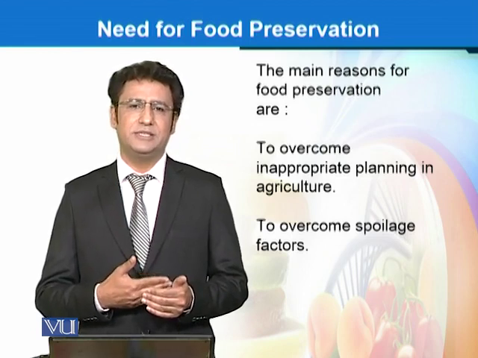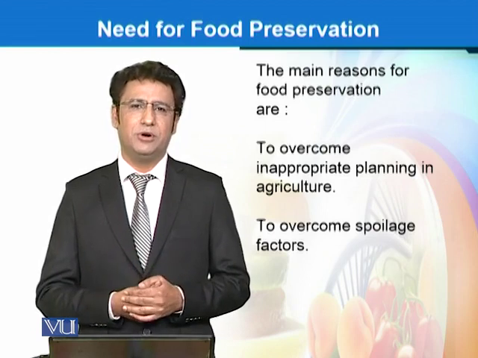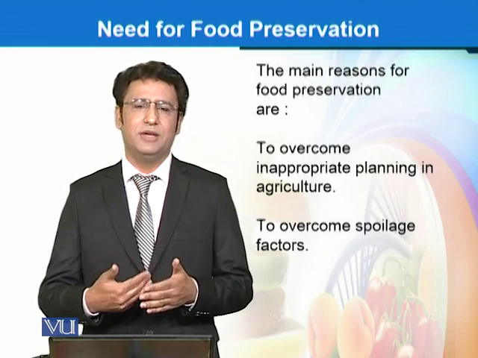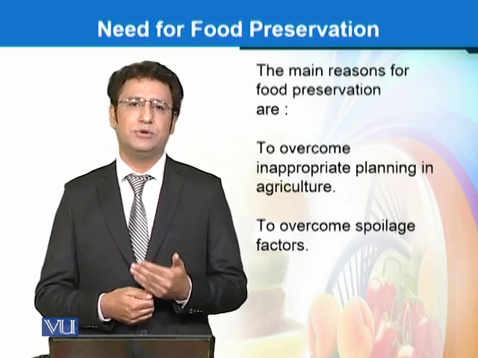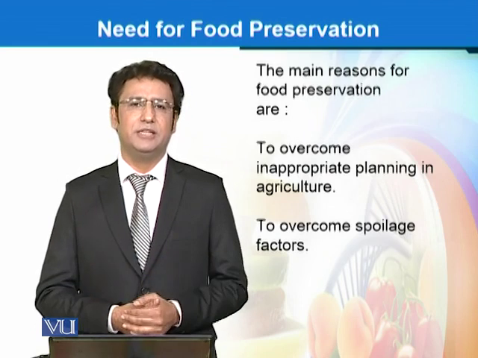So there are seasons in which there is an abundance of a specific product within the market, and then there might be a season when we don't have access to those food products such as fruits or vegetables or crops or grains or different cereals, which are not present in the market.